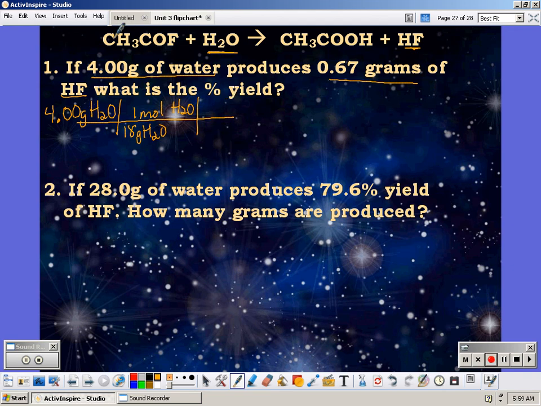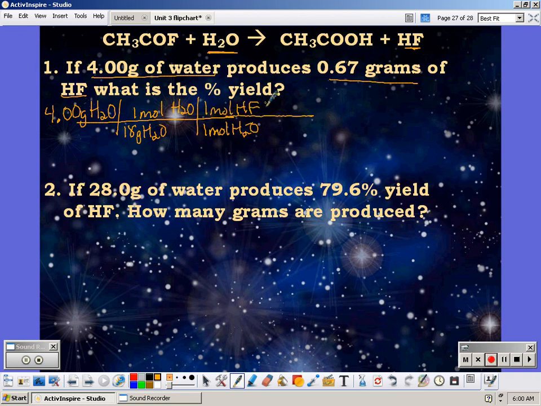So I have 2 carbons and 2 carbons, 1 fluorine, 1 fluorine. 3 and 2 make 5 hydrogens. 3 plus 1 is 5. And then I have 2 oxygens and 2 oxygens. So in fact, yes, it is a 1-to-1 ratio.